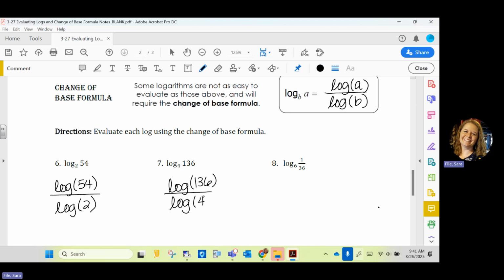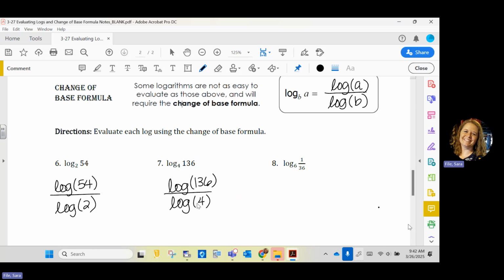over 4. Now, what I want you to understand, if you see a change of base formula used, or you see a log over a log like this, you do not get to cancel out the logs and say, oh, the logs go away, I'm just doing 136 divided by 4. That is not what is happening here. A log does not stand alone. This is not just log over log that you can cancel out.